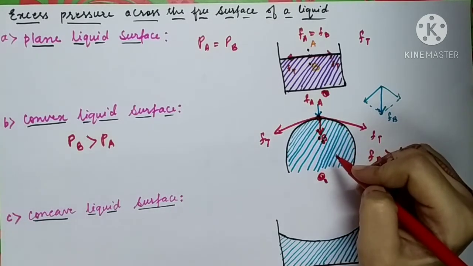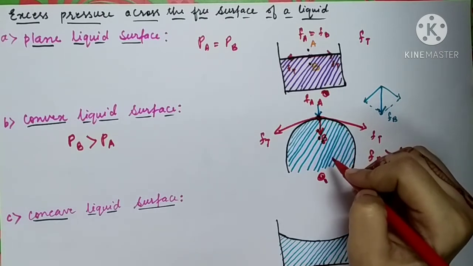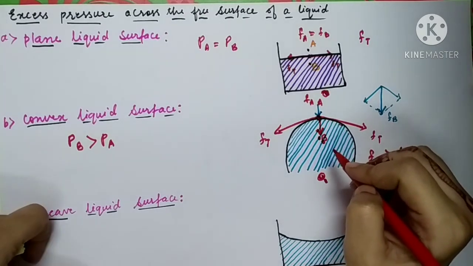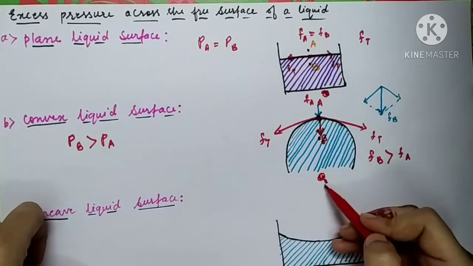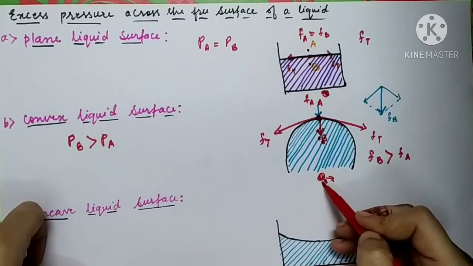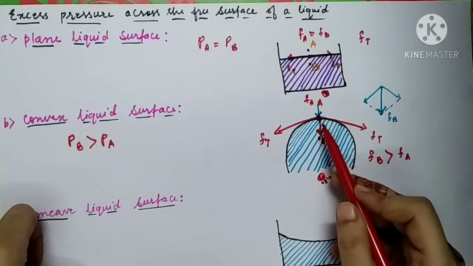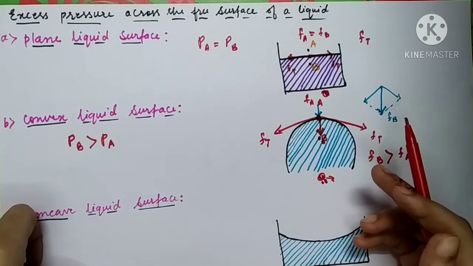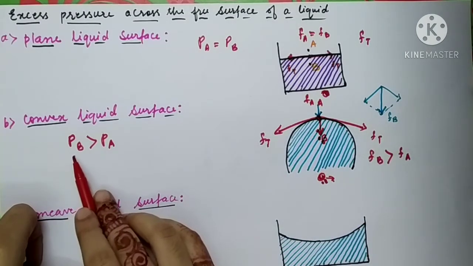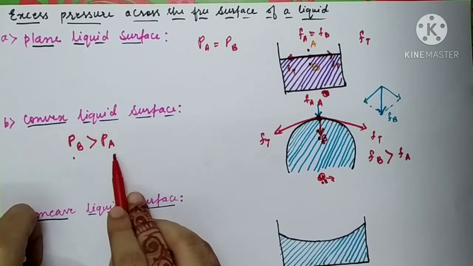So there will be two conclusions drawn by the two types of observers. When the point is observed by this type of observer, this observer is going to say that the pressure above the concave surface is greater than the pressure below it. Or in general, we can say that PB is greater than PA.